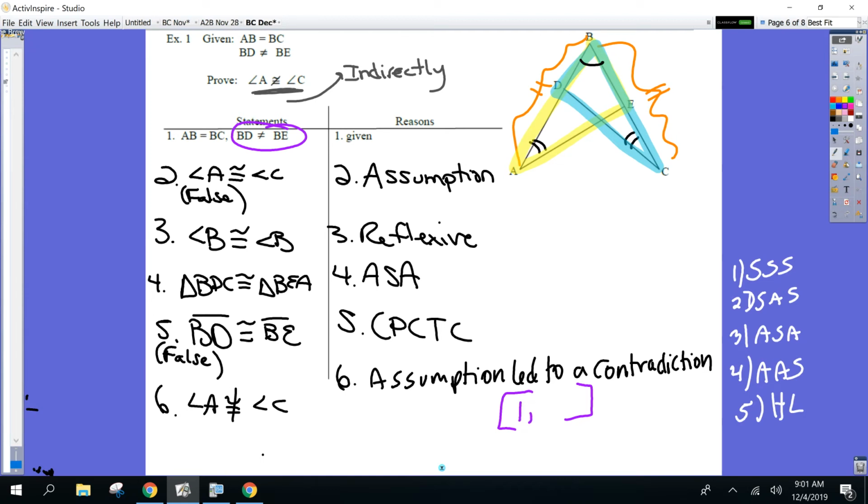And where did you contradict that? Statement 5, right below assumption led to contradiction. 1 and 5, that's where your contradiction is. Everyone always thinks it's the assumption and the last step. That's not your contradiction. That's what you needed to prove. Here is your contradiction that led to it.